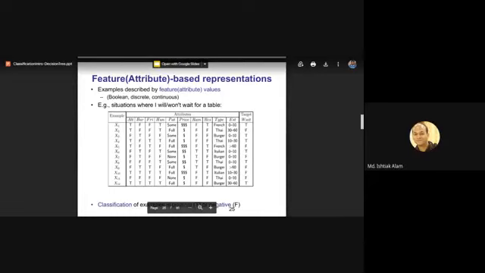Other than the target attribute, the other attributes can be dependent on each other as well. For example, if we see weather data, the humidity can be dependent on the temperature. But in terms of this one, the other attributes are basically independent attributes, and the target attribute is typically the dependent attribute.